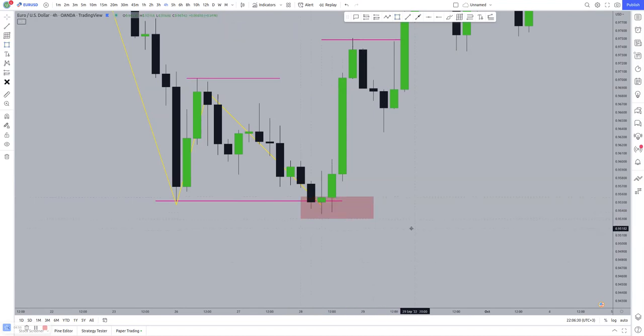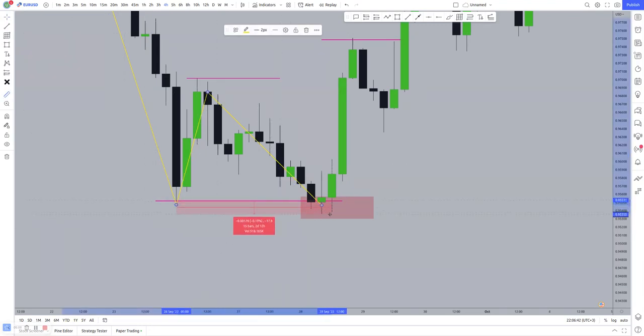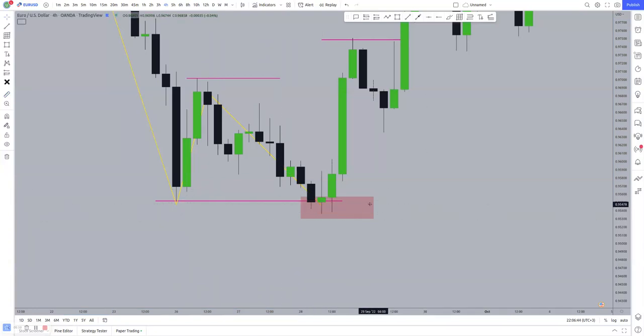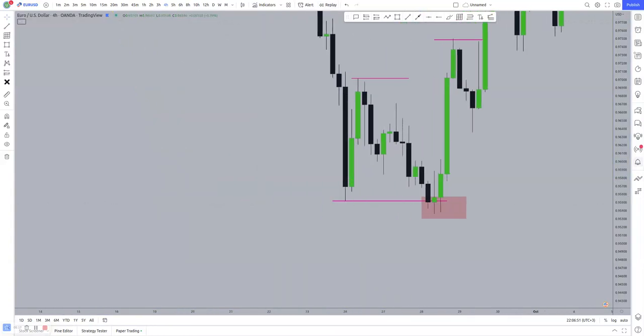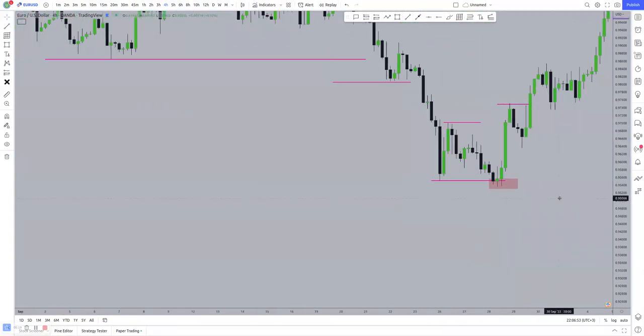So if you see what is going on in this scenario right here, this is not a swing low. Okay, because if we see the difference from this low to here, it's about 17 pips. So this is not a swing low, this is a stop hunt, this is a grab of liquidity.